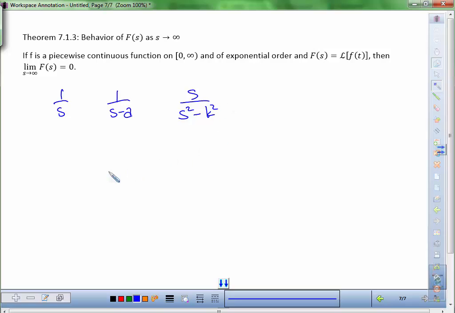If you take the limit as s goes to infinity, all of these approach 0, because your denominator is going to dominate over the numerator. So again, getting you ready for dealing with a lot of fractions, common denominators, and partial fractions. That's what we're going to deal with. Okay.